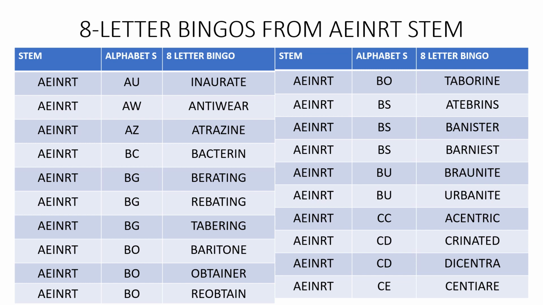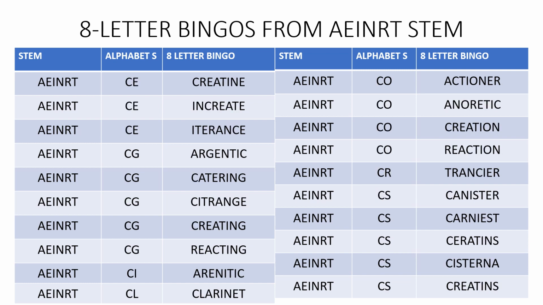You can have a very close look at all these combinations. When you practice in this way, it doesn't take you long to identify a word on your rack and a place on the board to play it as well. So on this slide, the combinations like CE, CG, you see there are many with CG like reacting, creating, and then CI, CL.